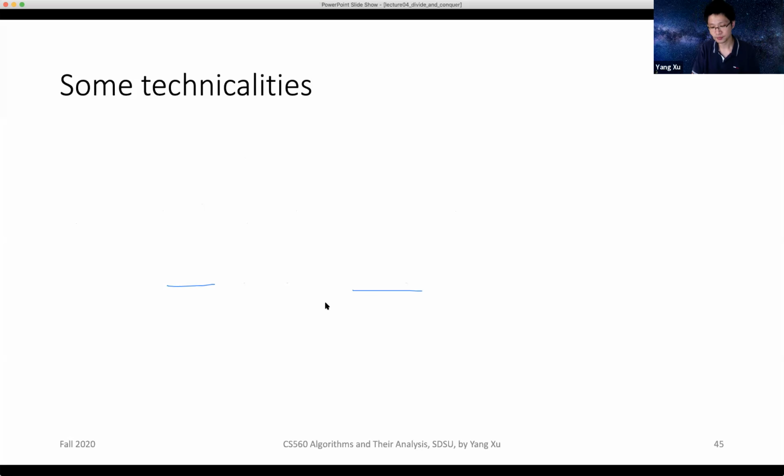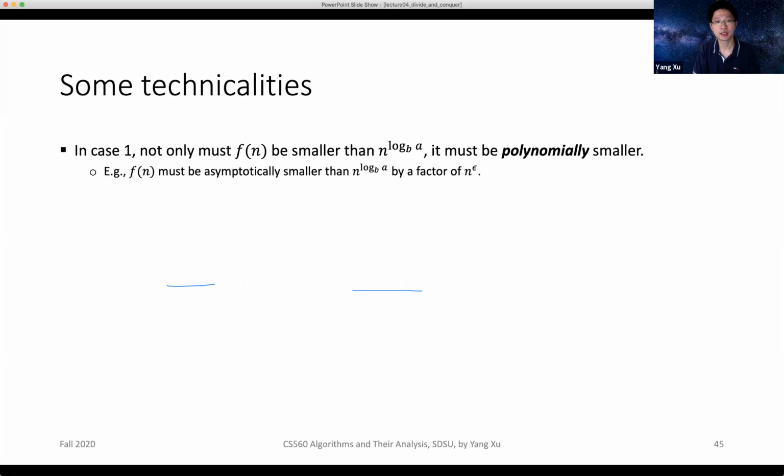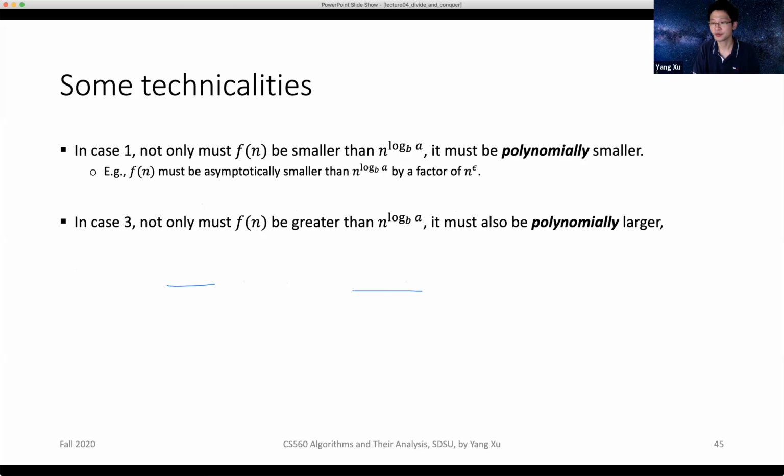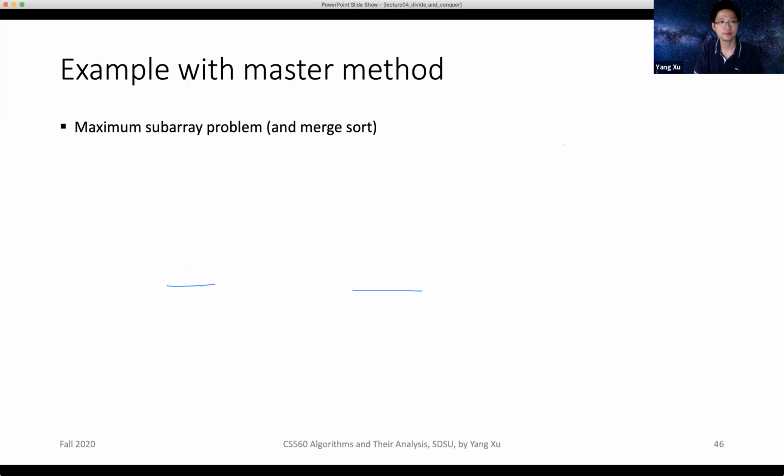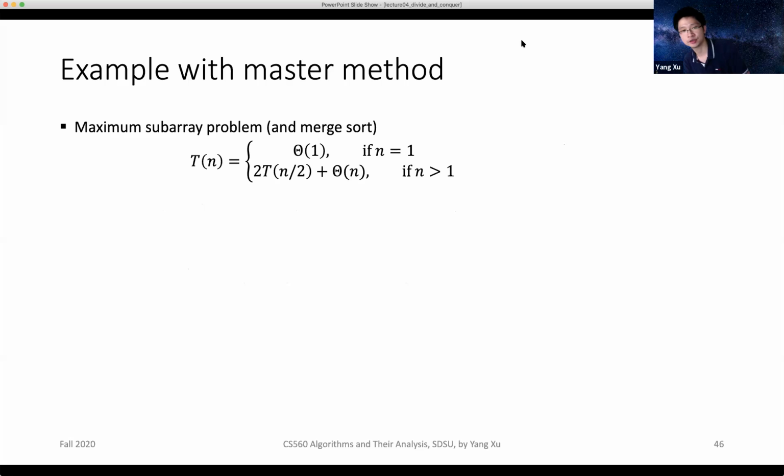Okay. So the technicalities, I'm going to skip through it. I'm going to talk about this next Tuesday, and I would like to use an example to showcase how we can use master theorem. Once we know the rules, it's quite easy to understand. Okay, so in this maximum sub-array problem, we have a equals 2 and b equals 2.